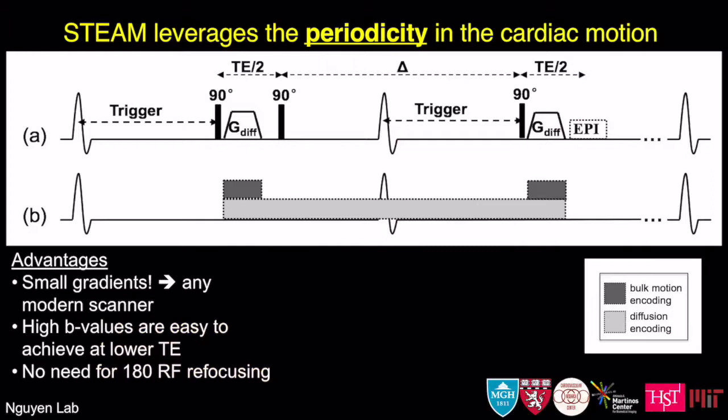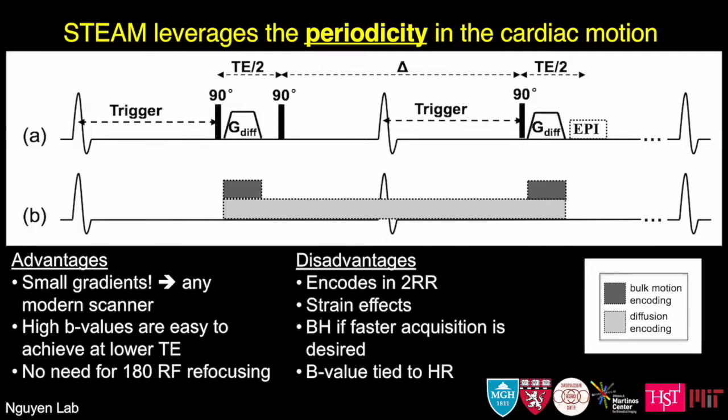And the clever idea here is that we do the first half of the diffusion encoding at a particular trigger delay, and then we tip it up onto the 90, and so that way we're not sensitive to motion during the cardiac cycle. And then we tip it down again, and then we encode for the rest of it. Very genius, right? Because those two, if the heart rate is exactly the same, leveraging periodicity, they should be in phase together.